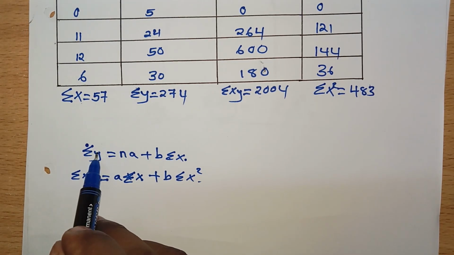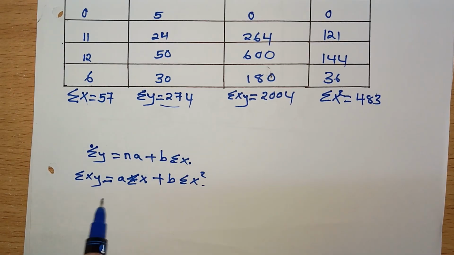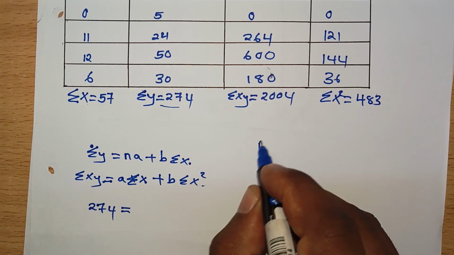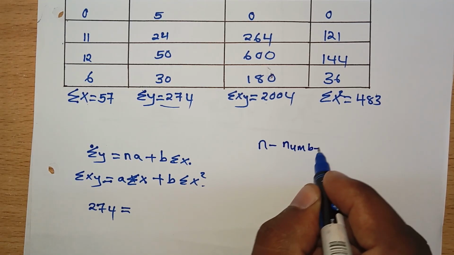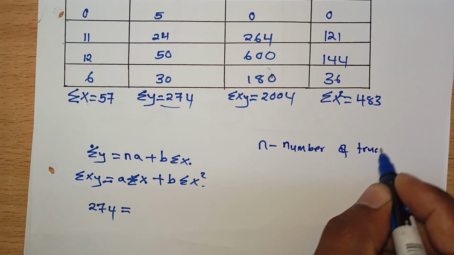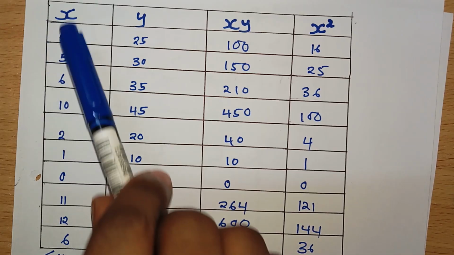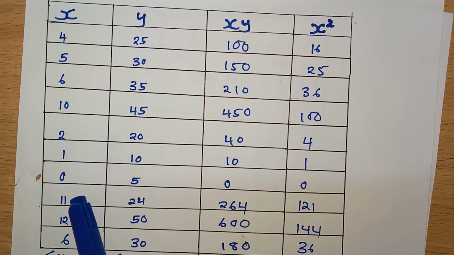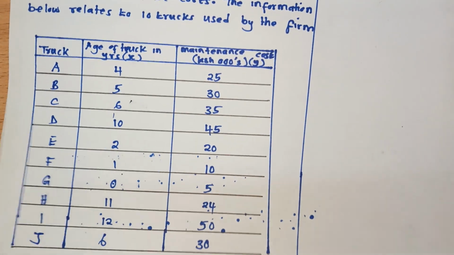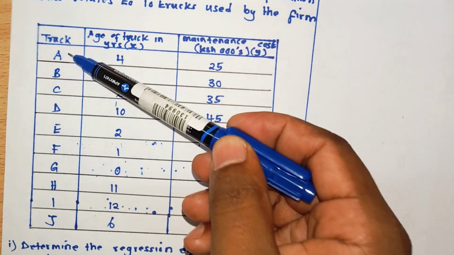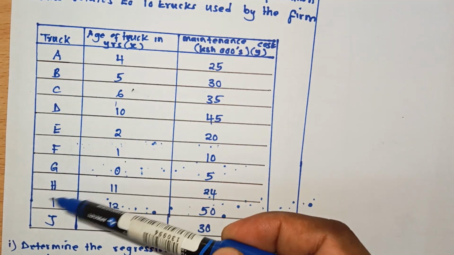So summation of y here, we are going to take it as 274. Then we equate to n, of which I told you n represents the number of tracks in this particular case. If we add 1, 2, 3, 4, 5, 6, 7, 8, 9, 10, or we take the original question, we can see that we have 10 tracks starting from track A all the way to track J. 1, 2, 3, 4, 5, 6, 7, 8, 9, and 10.